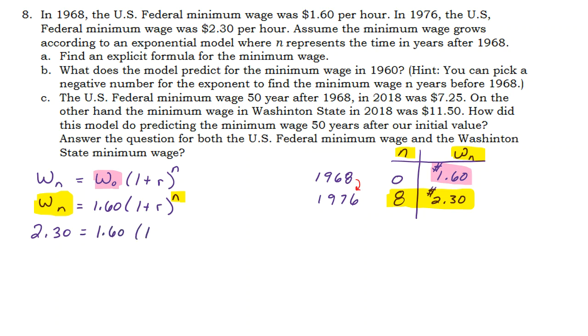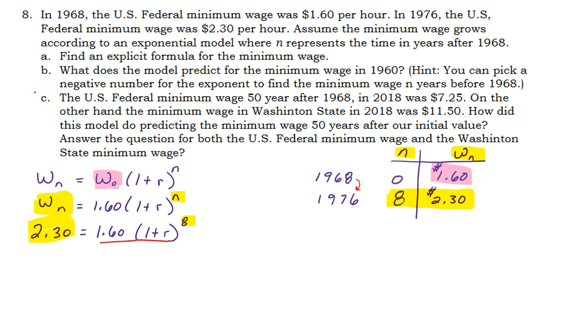We don't know this growth rate, and this piece of data is going to help us figure it out. So we have this equation now by plugging in a particular data point that we can use to figure out what the R value is. Now we're just going to do a little bit of algebra.